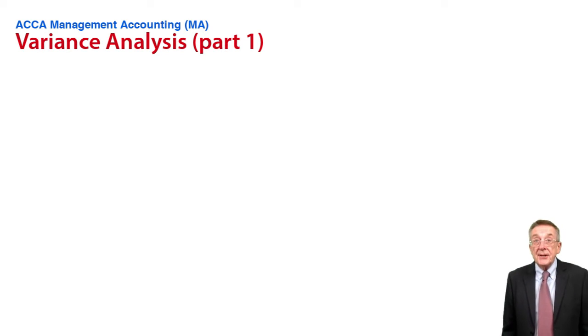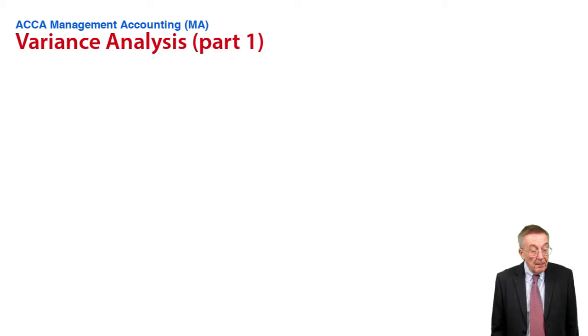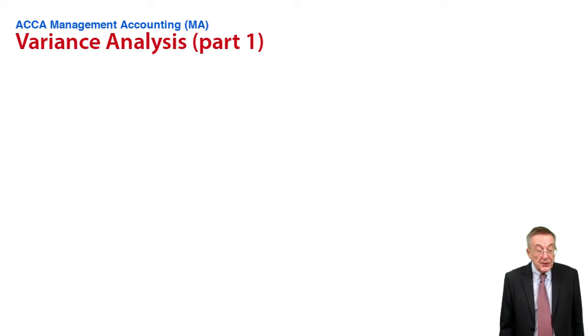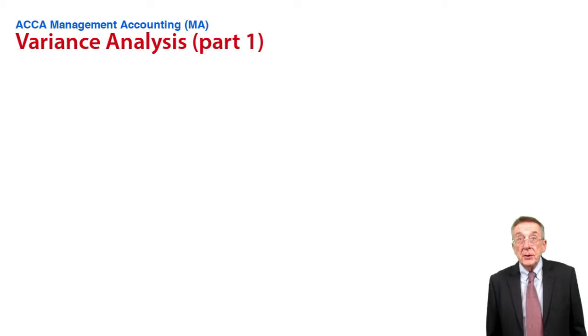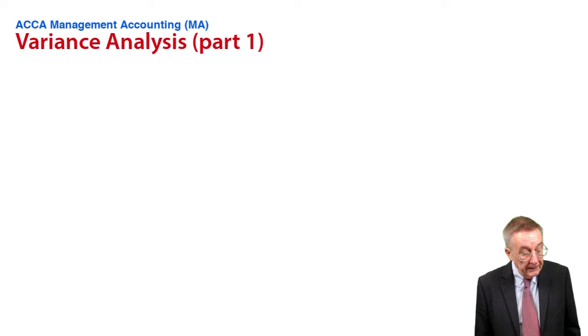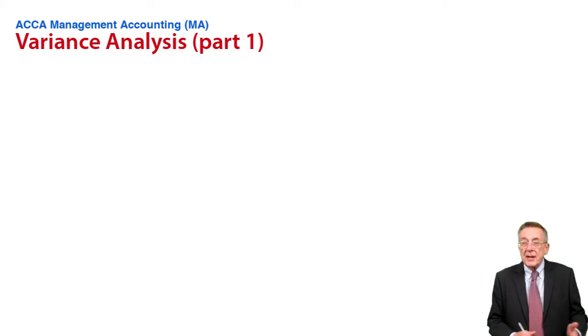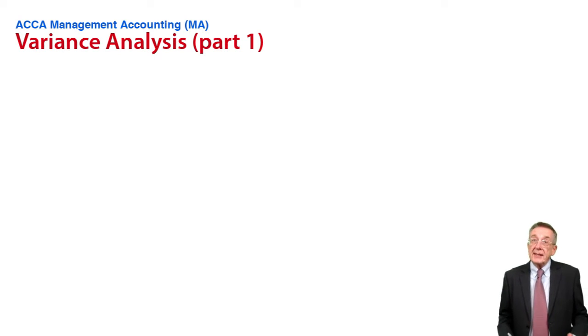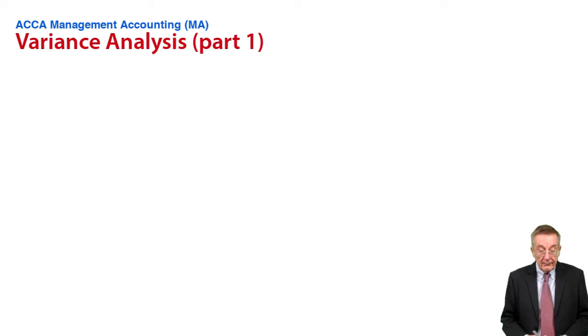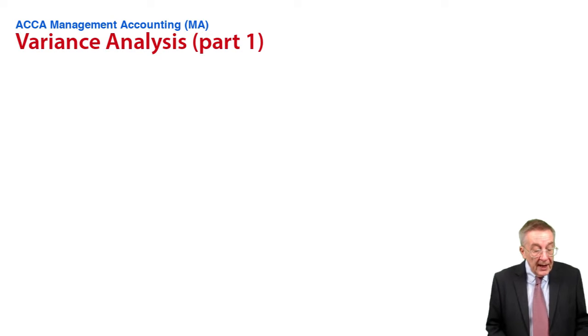The budgeted selling price is $75 a unit. And they were budgeting on producing 8,700 units and selling 8,000. And so I think fairly obviously, if they're producing more than they're selling, they're expecting closing inventory of the difference of 700. So that's what we're budgeting on happening.